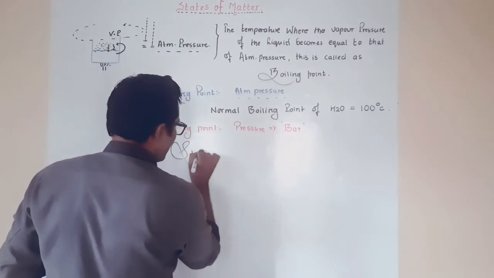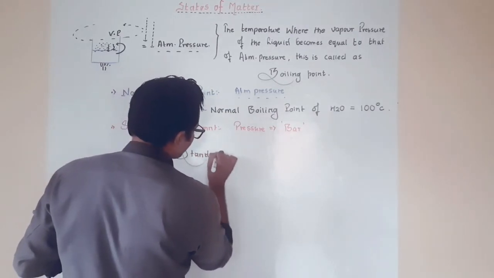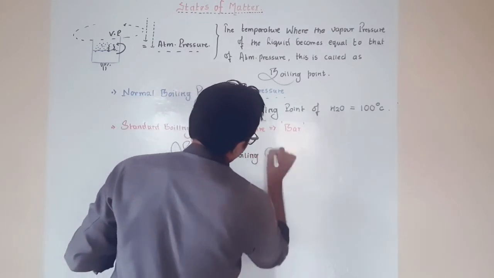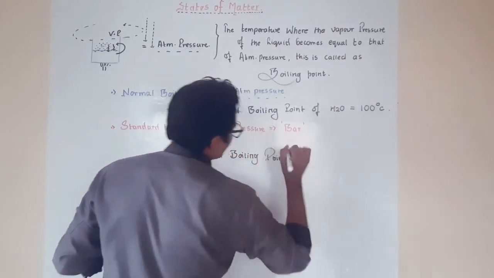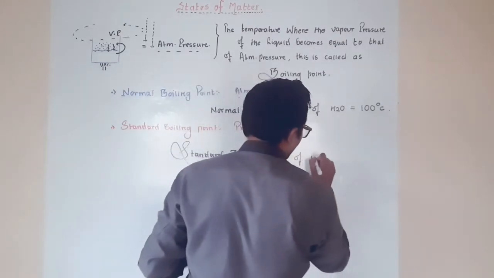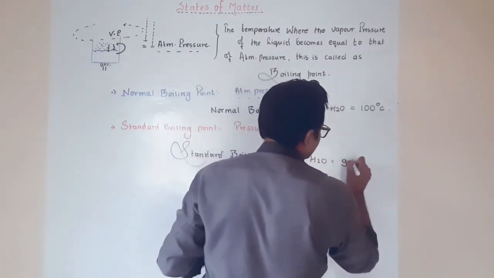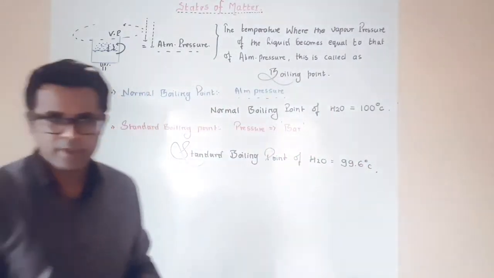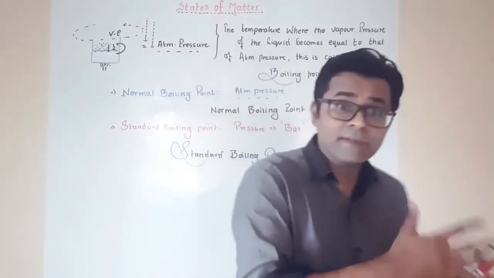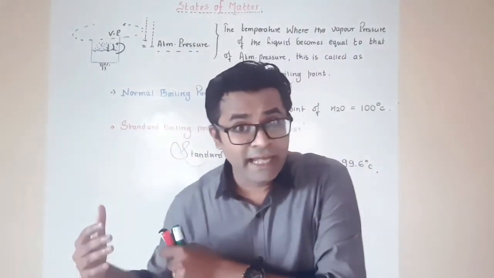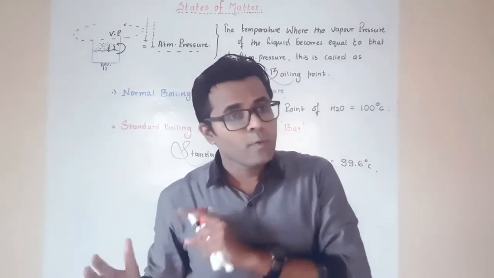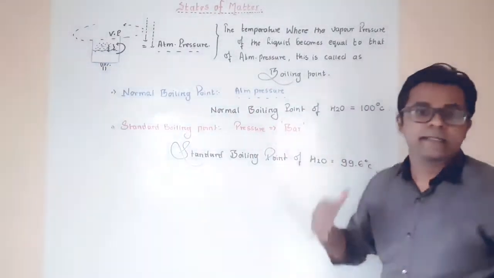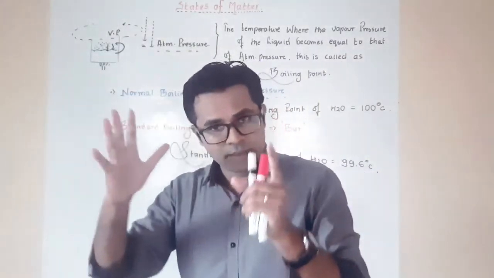So the standard boiling point of water is 99.6 degrees Celsius. This is how it slightly varies. So in an examination, if they ask what the standard boiling point of water is, it is going to be 99.6 degrees Celsius, while the normal boiling point of water is considered to be 100 degrees Celsius, and that is the main difference.